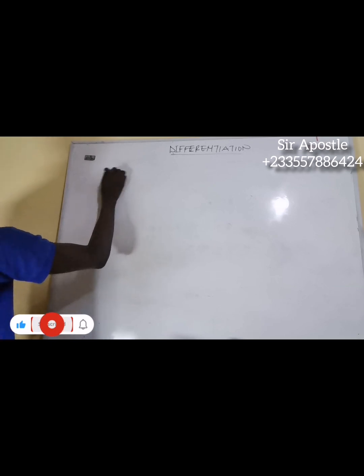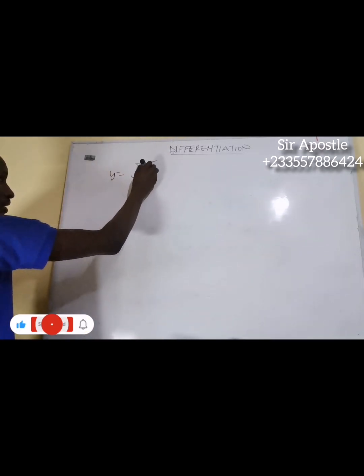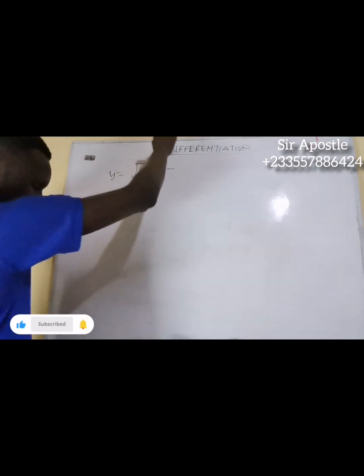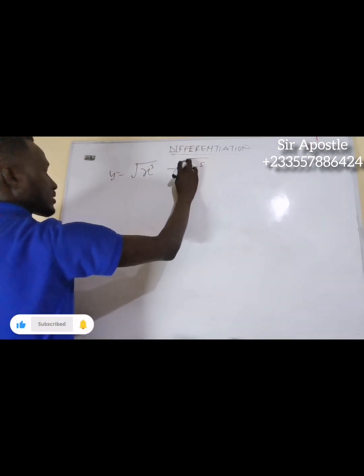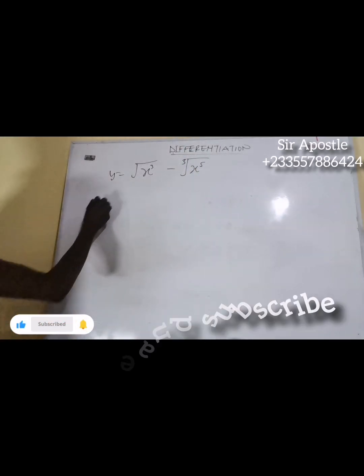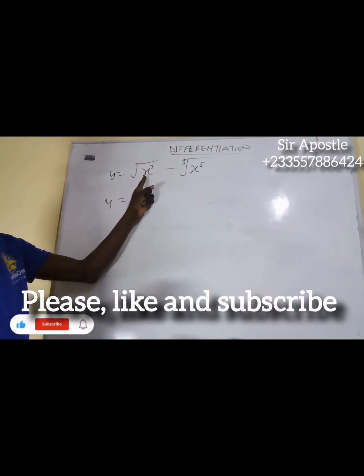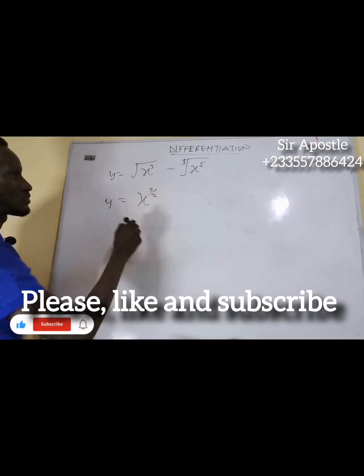Now if you have y is equal to cubic root of s exponent 3 minus, now how do we differentiate this one? You see, this one is square root exponent half, right? So this one is same as 3 over 2.